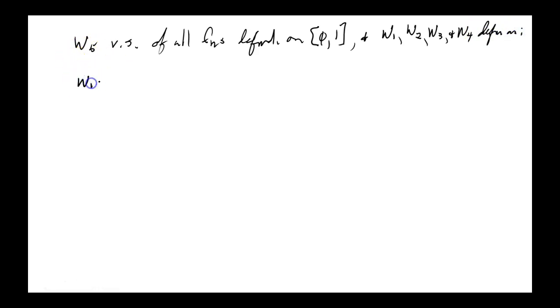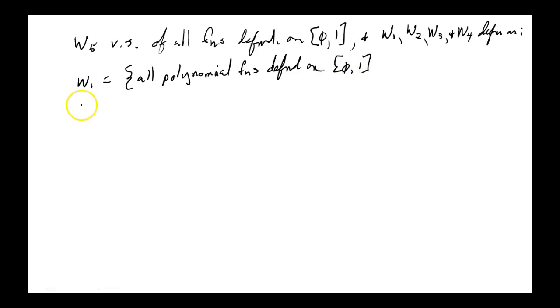W1, the set of all polynomial functions defined on 0, 1. Okay? W2 is the set of all functions that are differentiable on 0 to 1.